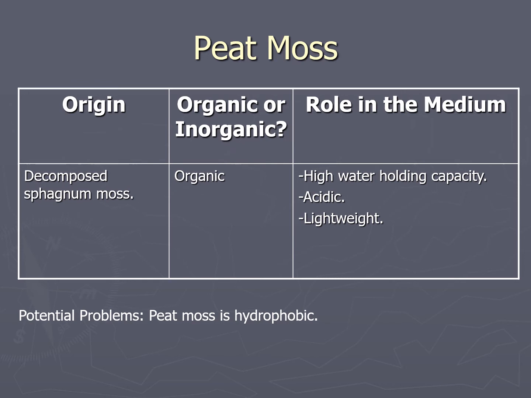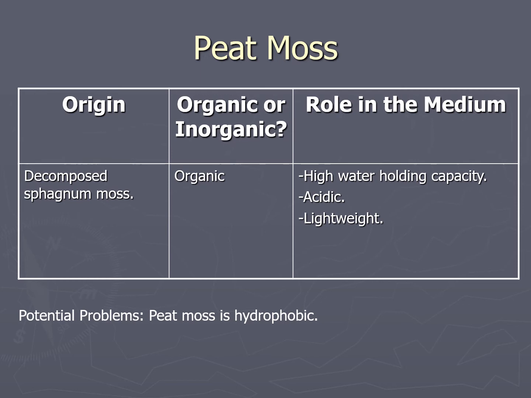So sphagnum peat can hold several times its weight in water. That's the main reason we use it in a growing medium. Sphagnum peat is also acidic by nature, which means that it helps reduce or bring down the pH of a growing medium. And in many cases, that's advantageous. That's a good thing to do.